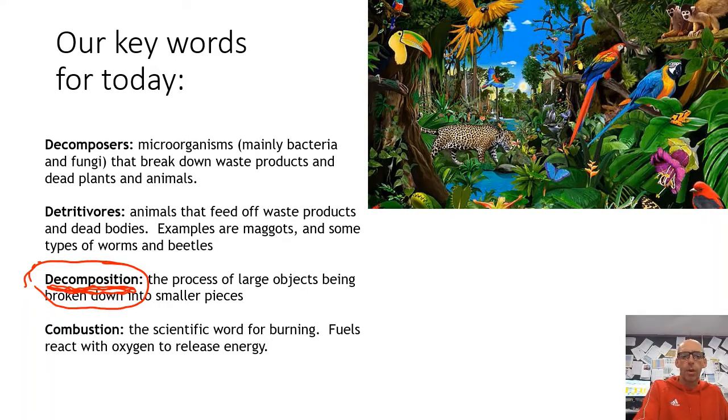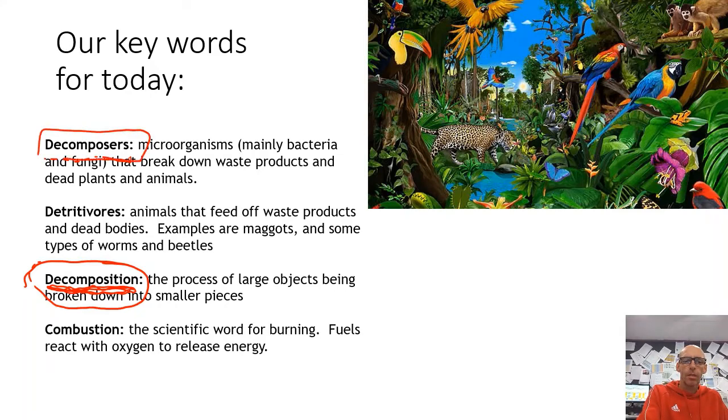That is done by a group of organisms called decomposers. And without decomposers, there'd be loads and loads of waste everywhere. So they're an absolutely essential part of that carbon cycle. These are microorganisms, the decomposers. So bacteria, fungi, and they break down, so they're microscopic, obviously the micro bit.